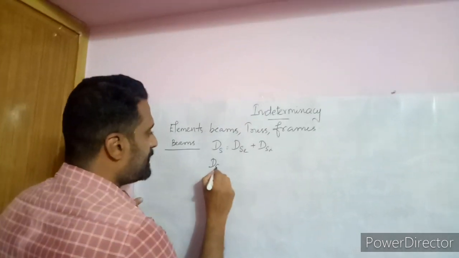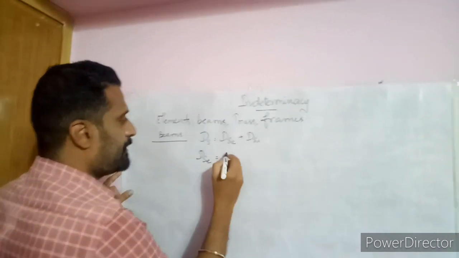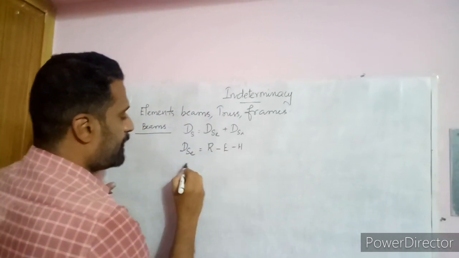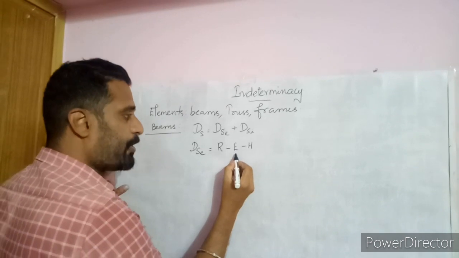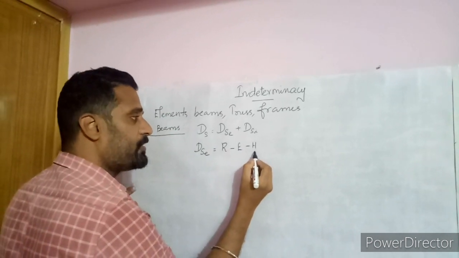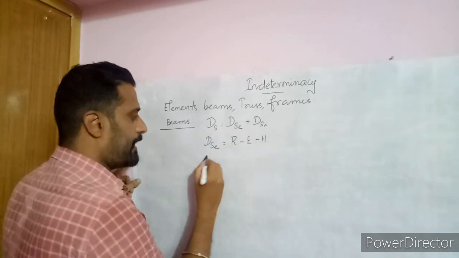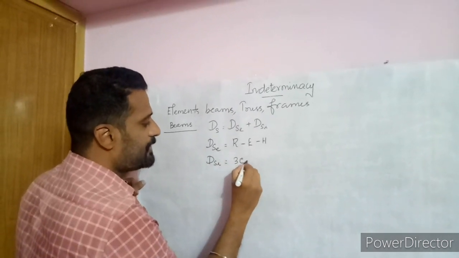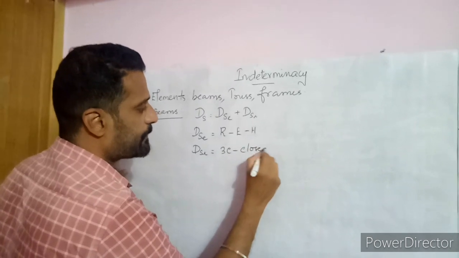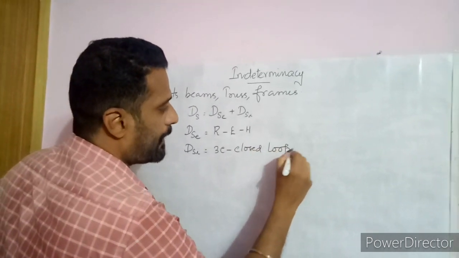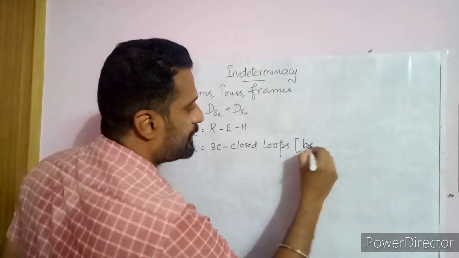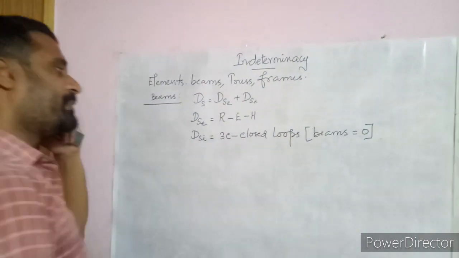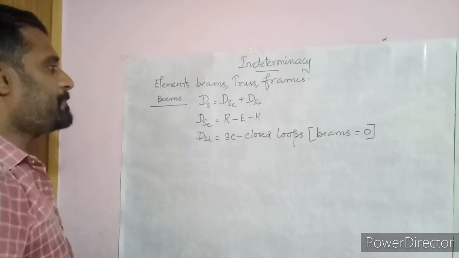So degree of external static indeterminacy is written as R minus E minus H, where R is the reaction, E is the number of equilibrium conditions, and H is the hinge reactions. And that of DSI internal is 3 into C, where C is closed loops. And for beams, it is 0. So these are the basic things.